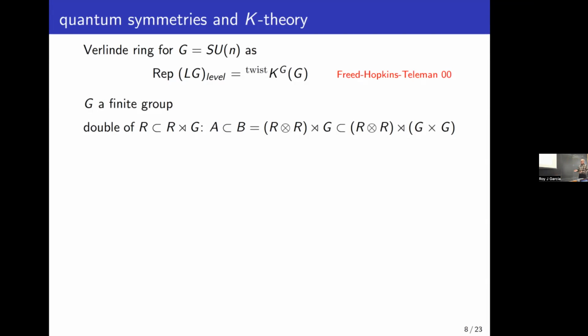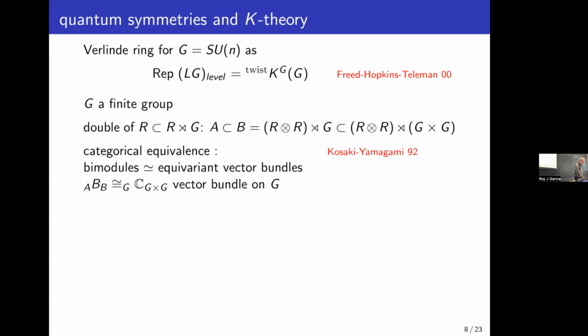So that's the double. What I really mean by that is if I take this inclusion and compute the AA system, that recovers Drinfeld's quantum double. You can be more specific. Instead of looking at A, B bimodules, B, B bimodules, and so on, you can switch to a picture of vector bundles, equivariant vector bundles.